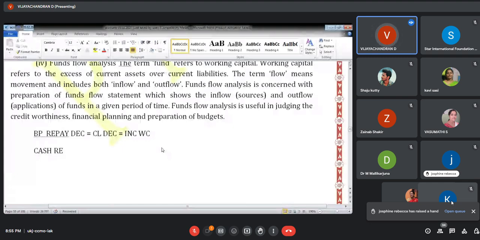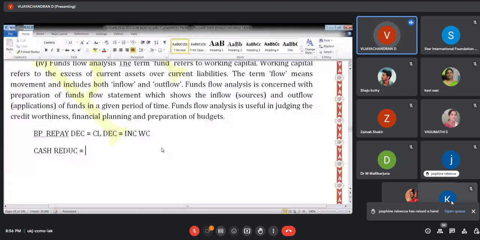So if cash is reducing, what does that mean? Cash is a current asset. Again, I'm telling you the items coming under current assets: inventory or stock, bills receivable, short term loan, prepaid expenses, marketable securities.